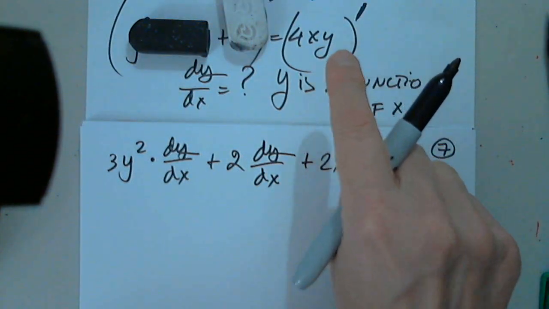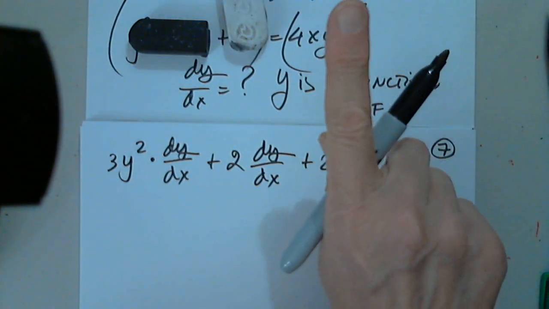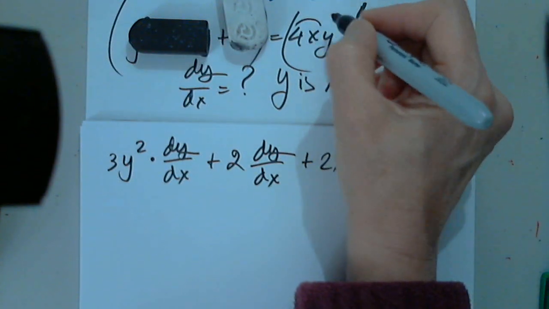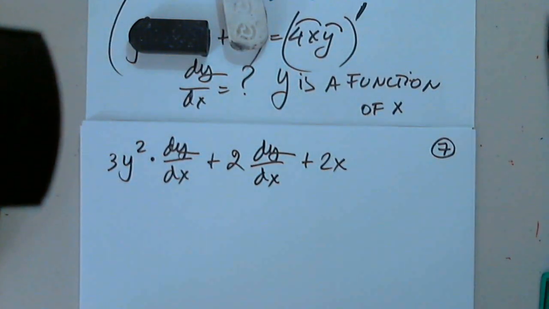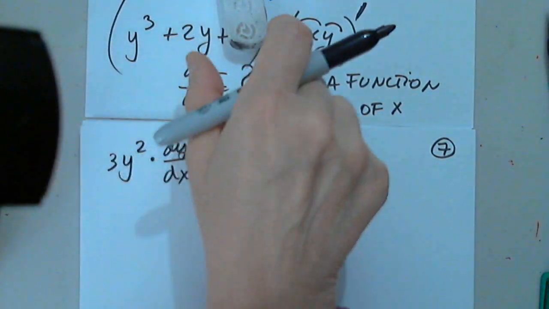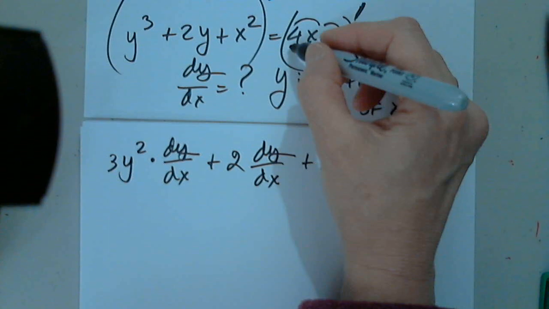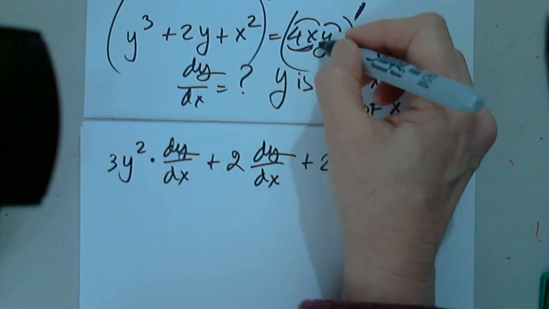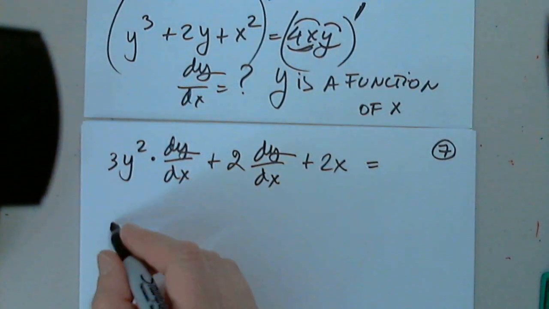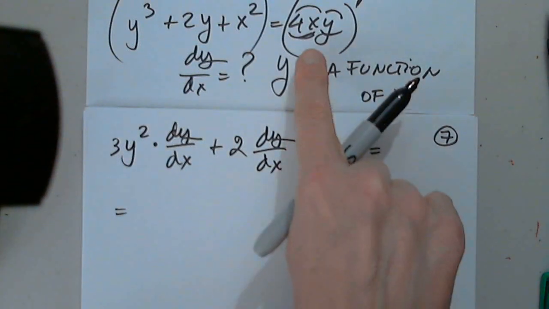Now we are here. Now this is tricky. Why? Because it's a product. If I don't apply the product rule, I will never get the correct answer. So here's the first function. Here's the second function. Let's try. The first function prime.